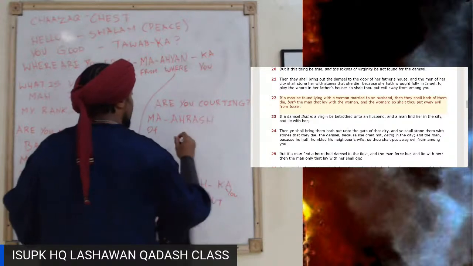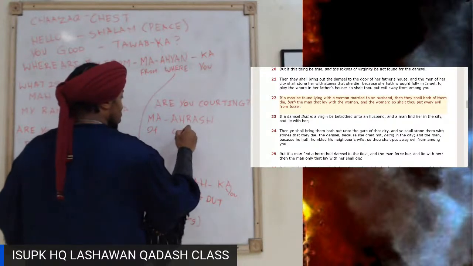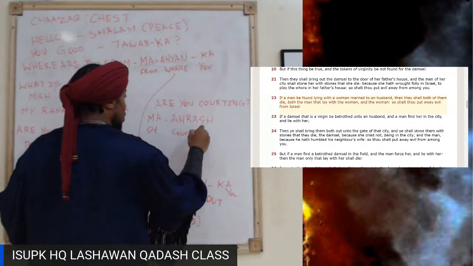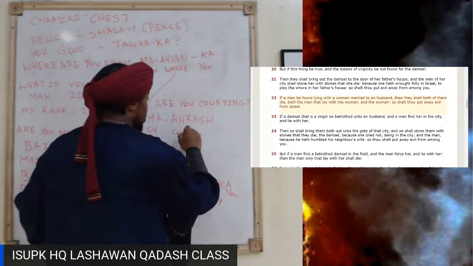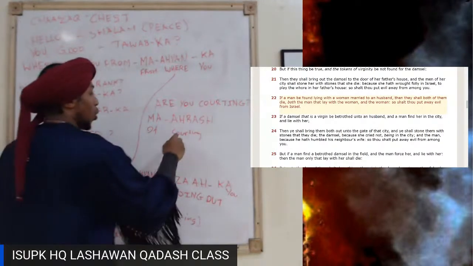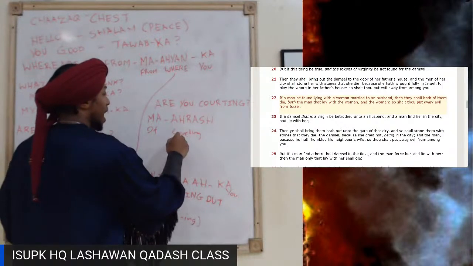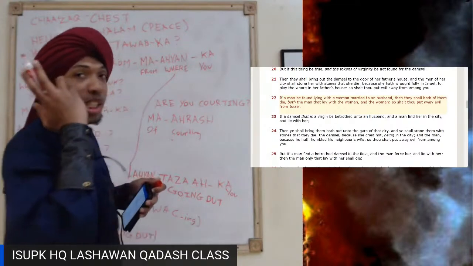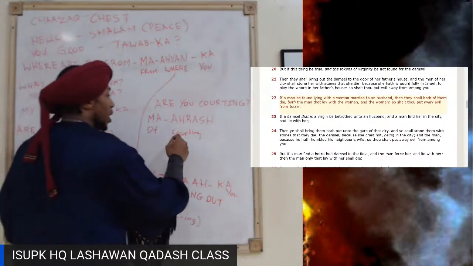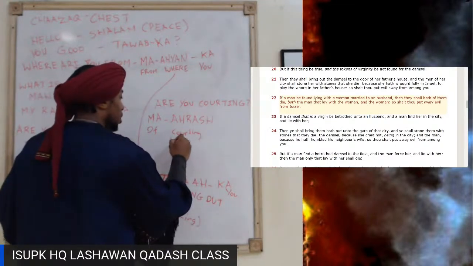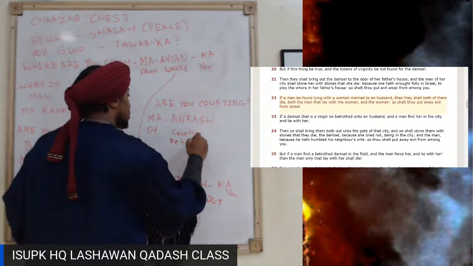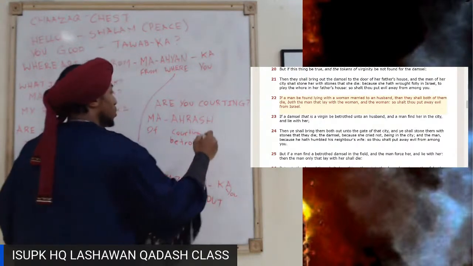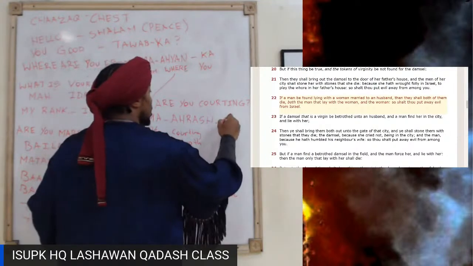Arash is court. Courting. I want to say courting because I don't want to look at this and say, oh, it's court. Courting meaning engaged, right? Engaged is also military, right? Betrothed. Courting, betrothed. Ma arash ka.